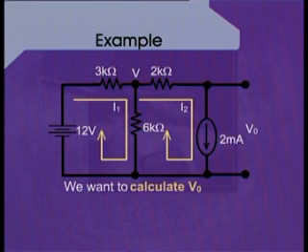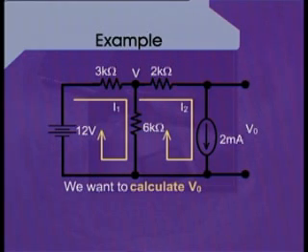Now, we also consider that the current passing through mesh 1 is I1, and it is passing through the whole mesh in the clockwise direction.